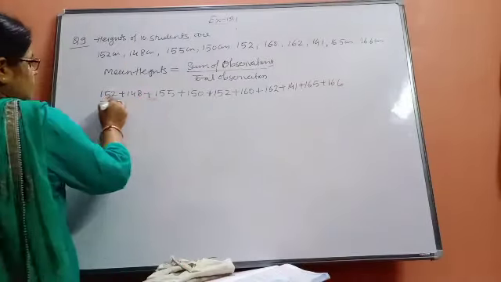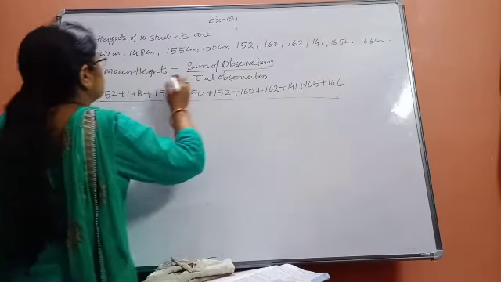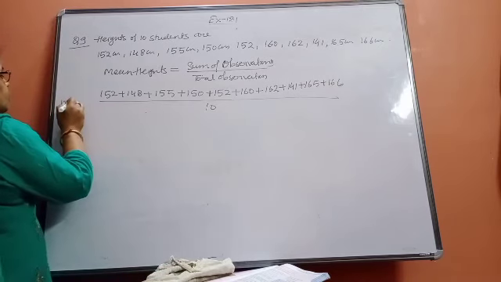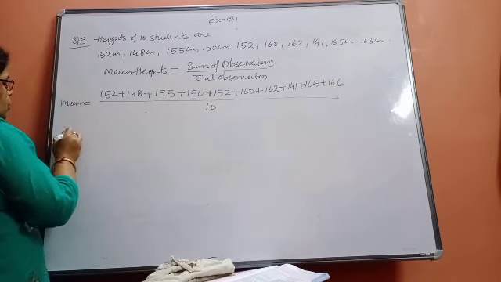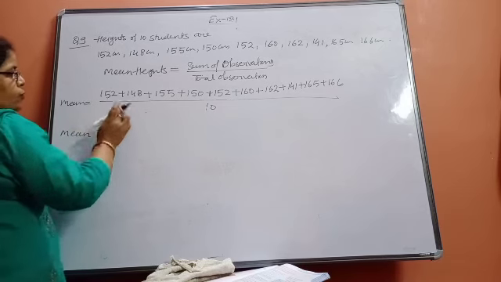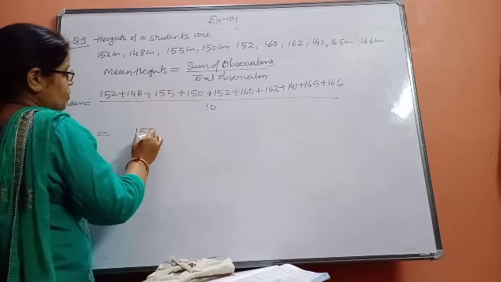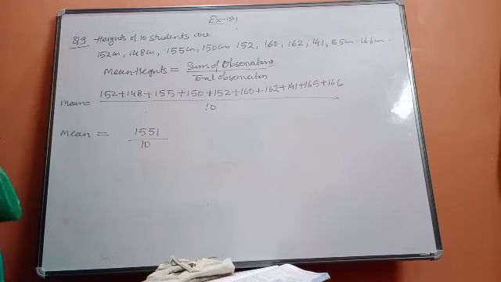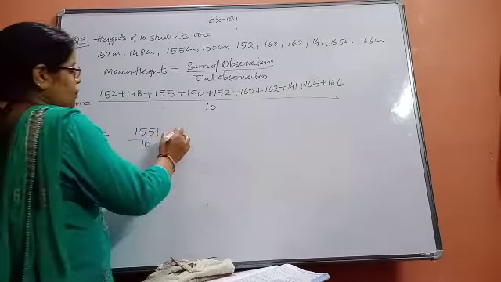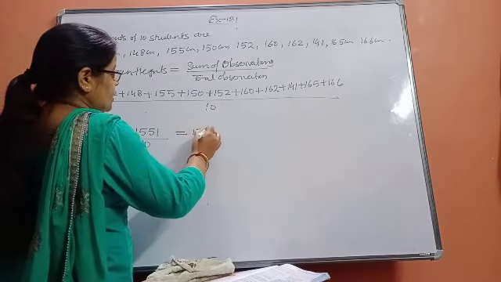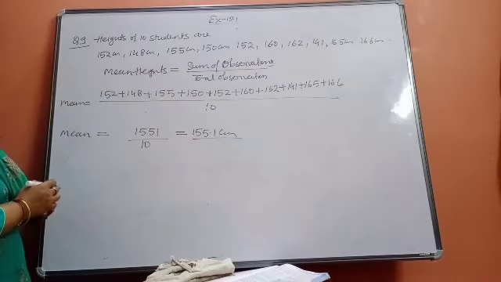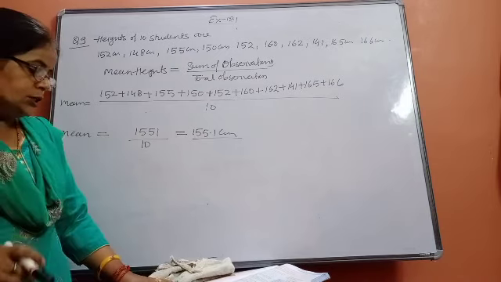Divided by 10, because it was already given that 10 students' heights are there. So mean is equal to how much? If you add them, you will get 1551 divided by 10, which becomes 155.1 centimeters. So the mean height of the children will be 155.1 centimeters.